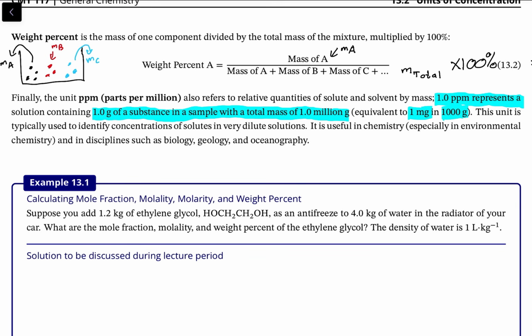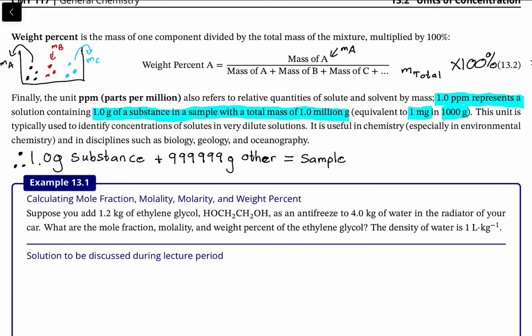And what does that mean? I'm going to write it like this: it means 1.0 gram of your substance plus 999,999 gram of other stuff makes up a sample.